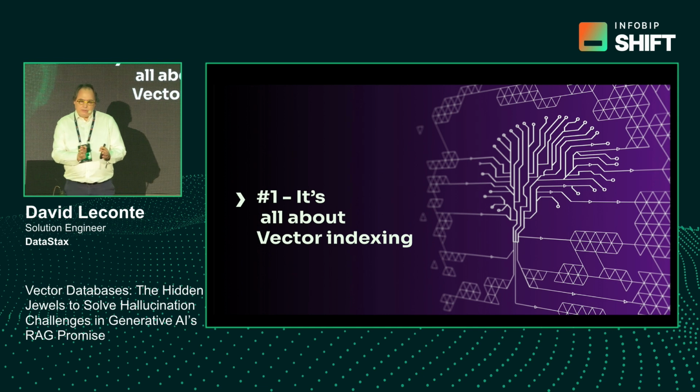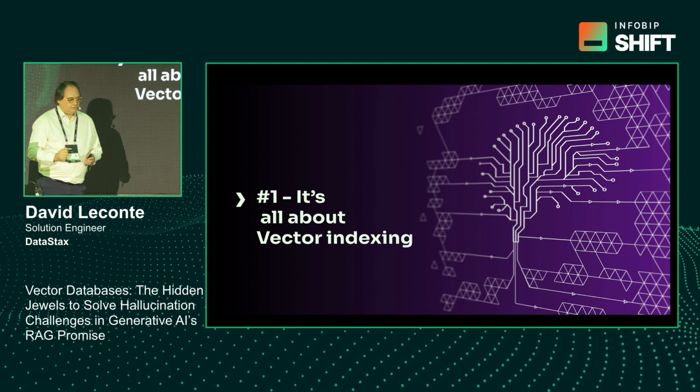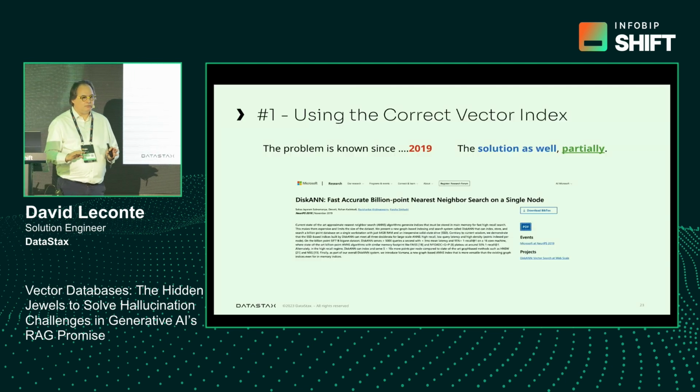Well, in reality, when we look at the vector store, the main question is not about vector. We need to slice the issue a little bit and say that the big point is about the vector indexing. And this problem is known.